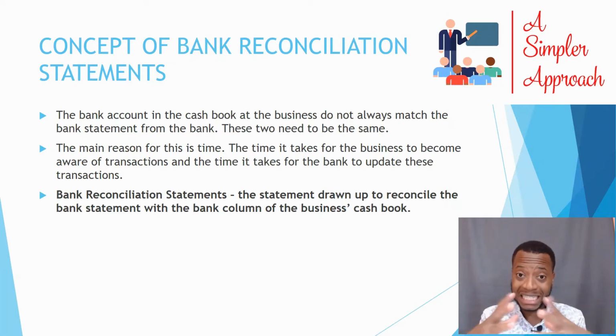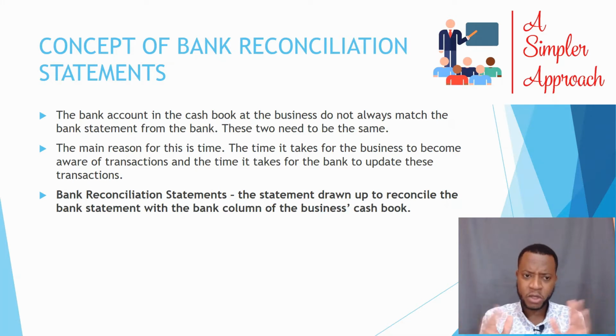The balances are different because of things happening at the bank that the business doesn't know about and things happening at the business that the bank doesn't know about. Okay? And until time has passed and some form of communication takes place between the two, there would not be a situation where X knows about Y and Y knows about X.